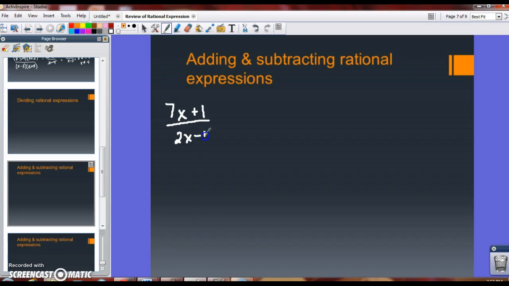So if I have 7x plus 1 over 2x minus 5 plus 2x minus 22 over 2x minus 5. So I have this common denominator already. My denominator doesn't change. I'm just going to add my numerators together. I end up with 9x minus 21.